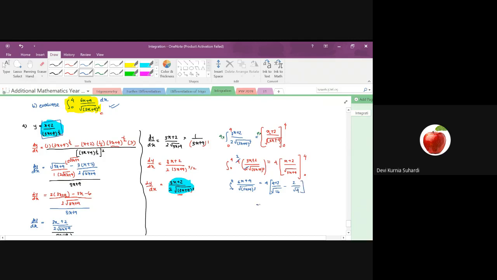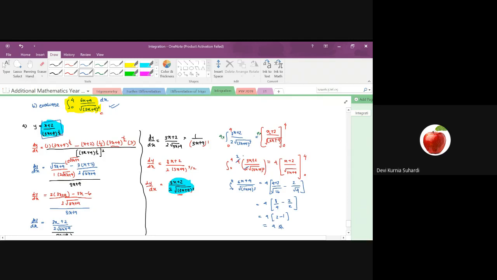Okay, so therefore the answer would be, so this will be 8 divided by 4 minus 2 over 2. So 4 multiplied with 8 divided by 4 is 2, minus 1. So answer is 4 square unit.